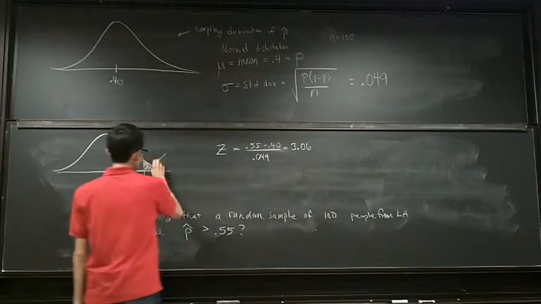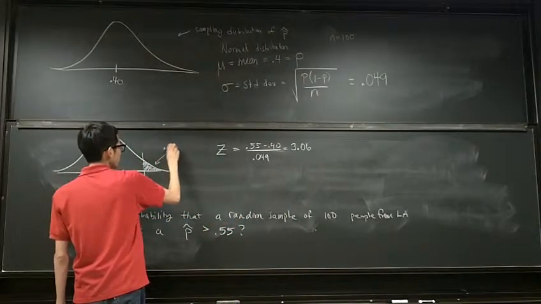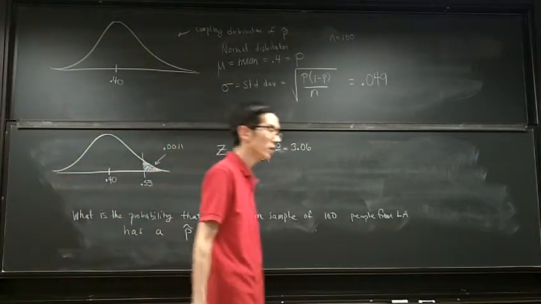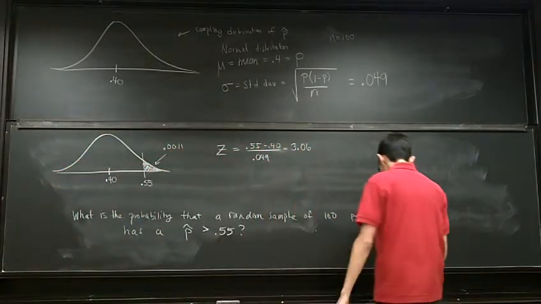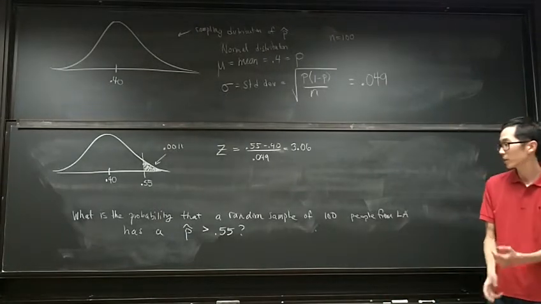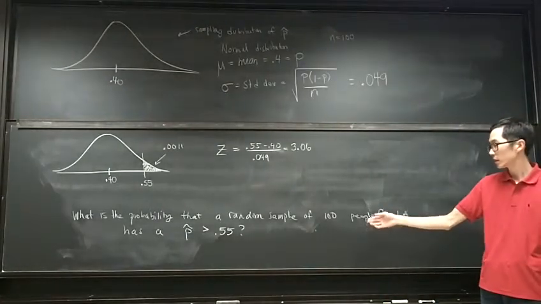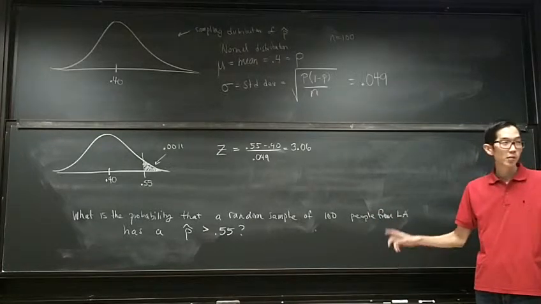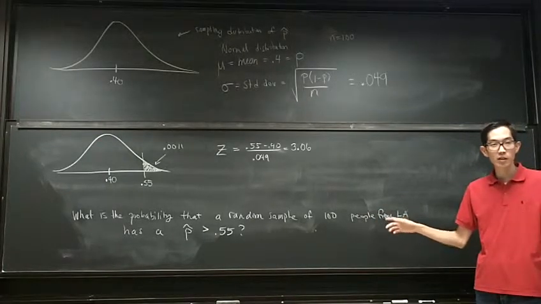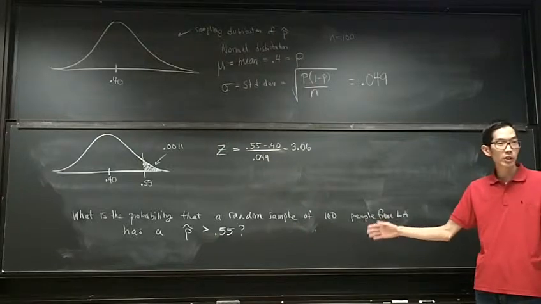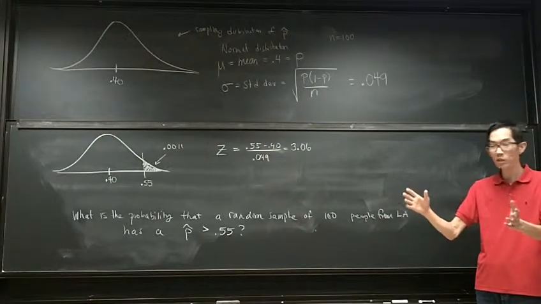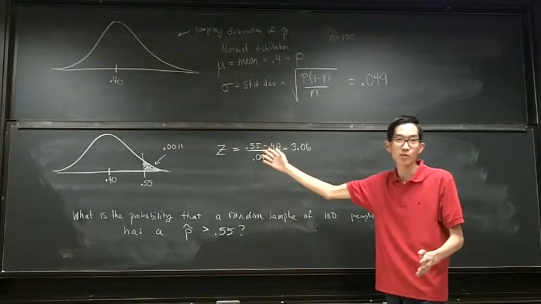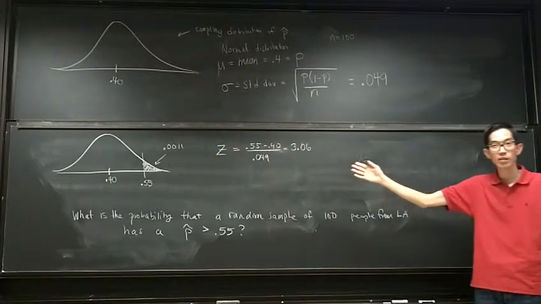So this area here is 0.0011. What this is saying is that if you take a random sample of 100 people from LA, the probability that you're going to get 55% white or more in that sample is only about 1 in 1,000 times. It's a very rare occurrence.